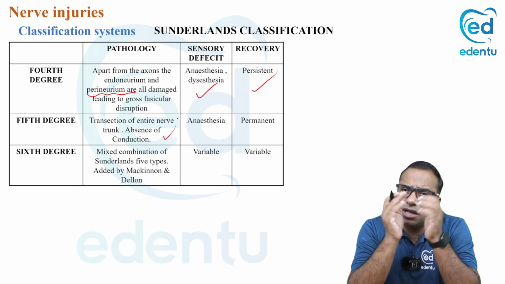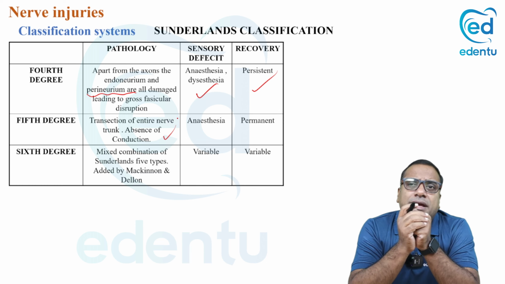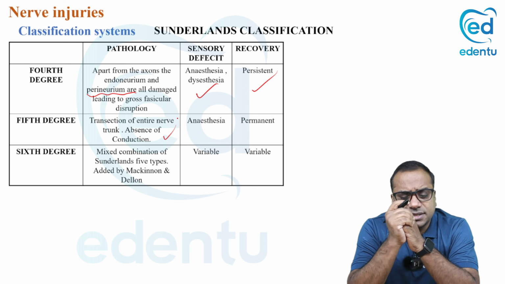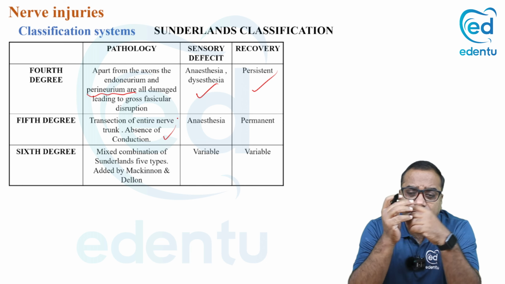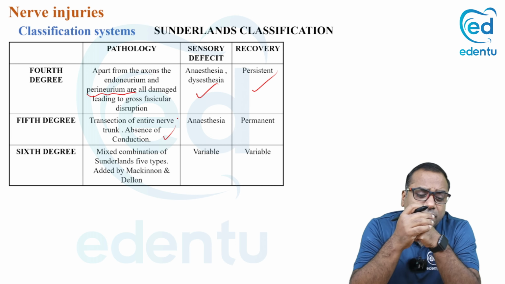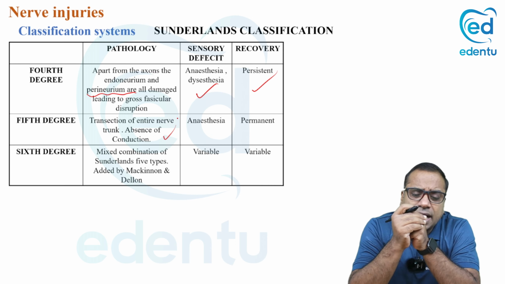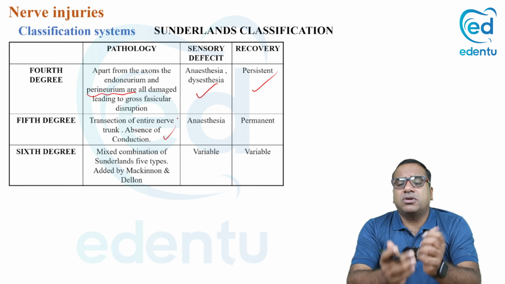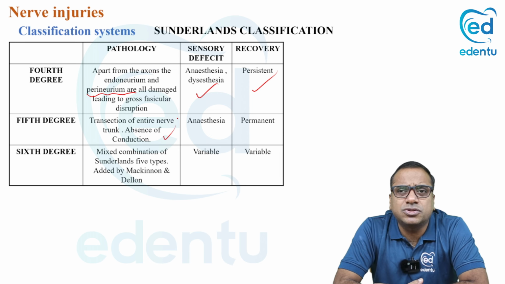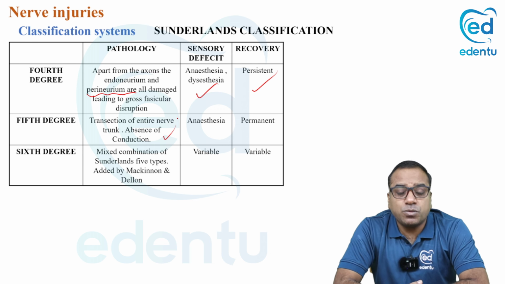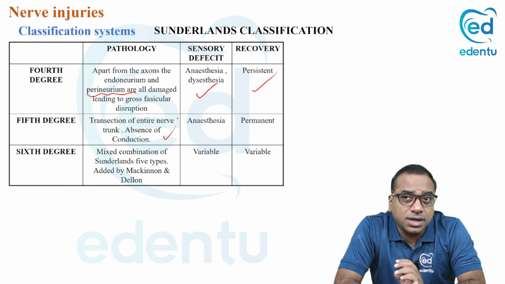The entire nerve is cut, and there is anesthesia and permanent damage. And the sixth degree is a mixed combination of any of the upper five, 1, 2, 3, 4, 5. The sensory defect may be variable, and whether recovery is possible or not, no one can say anything. Mostly it will be permanent loss of sensation. So this is Sunderland's classification.